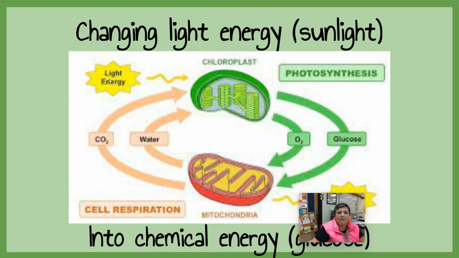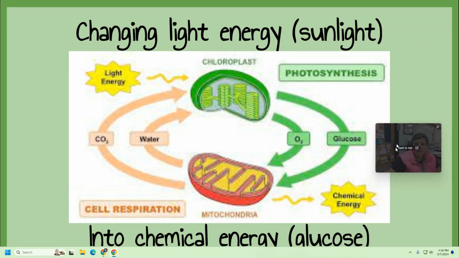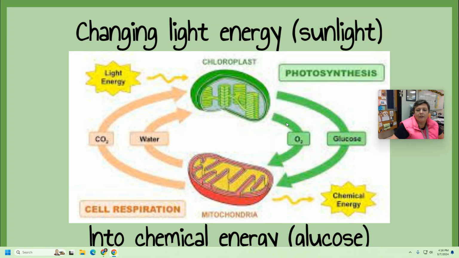Here's another one. So we take light energy, carbon dioxide, and water. They go into the chloroplast here. Photosynthesis happens, and then glucose comes out and oxygen comes out. I'm sorry, they go into the mitochondria. Here's our mitochondria. Then the mitochondria does some magic, and the whole point of it is to make chemical energy in a molecule called ATP.